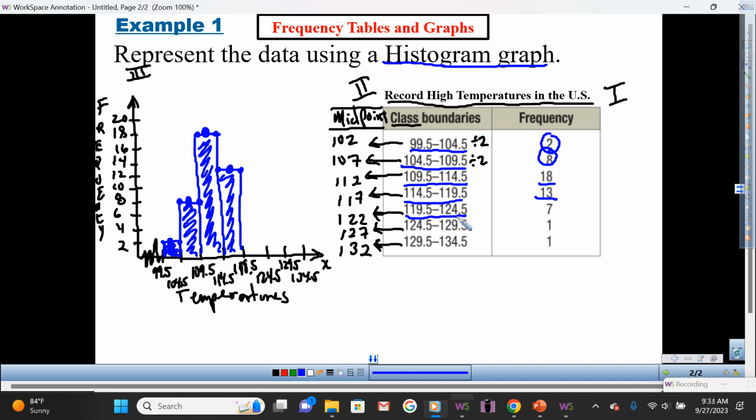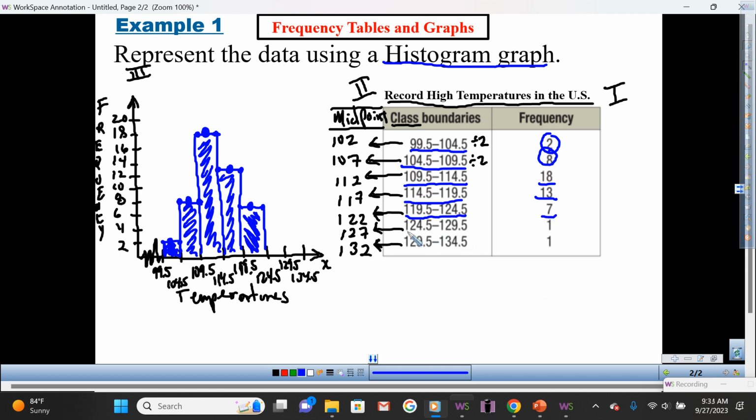Next one, 119.5 to 124.5, and that frequency is 7, so between 6 and 8, so 7 is about right here. Midpoint is, where are we at? 117? No, my bad. 122. So right here. Fill in your bar.